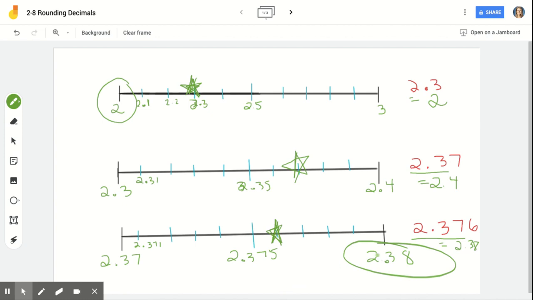Okay. So what I want you to realize as we're looking at this is that we're always looking at the digit in which we're rounding to, and we're either saying it's staying the same, or it might need to be increased up by 1, depending on where it lies in between those two numbers.